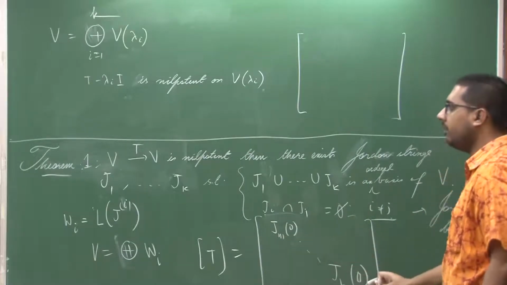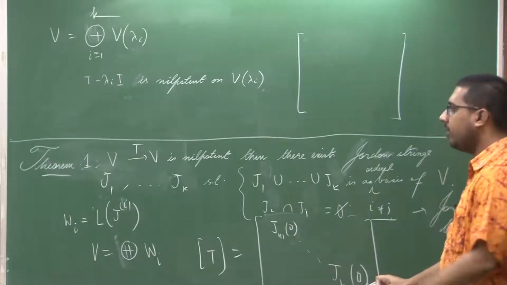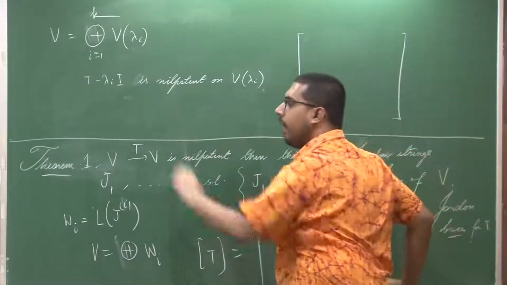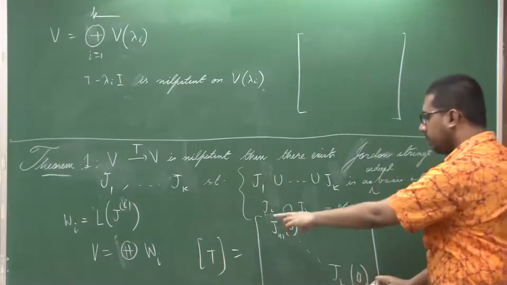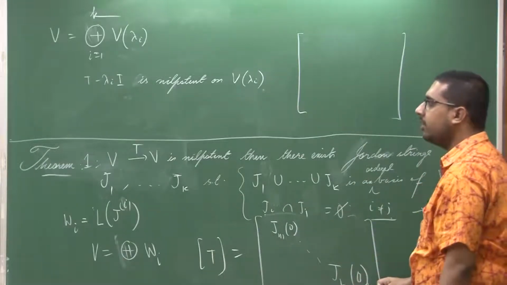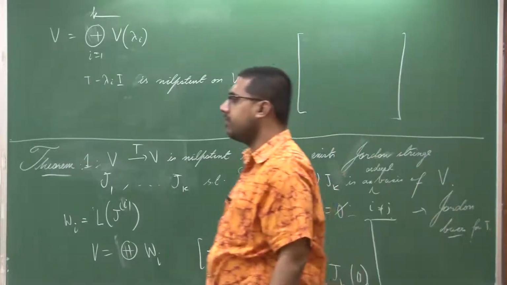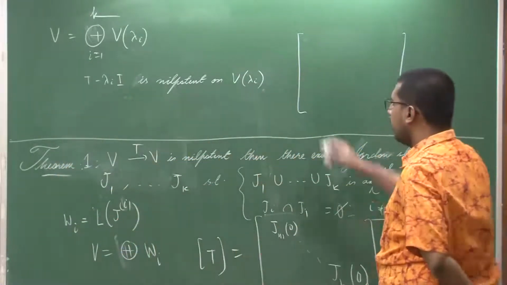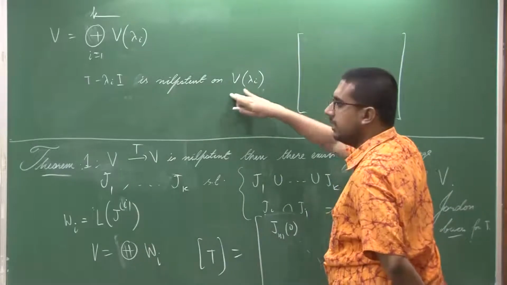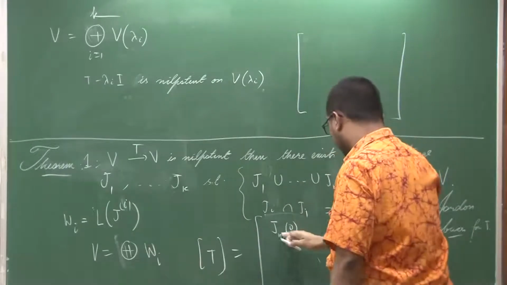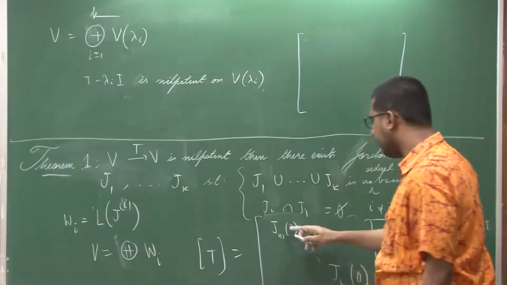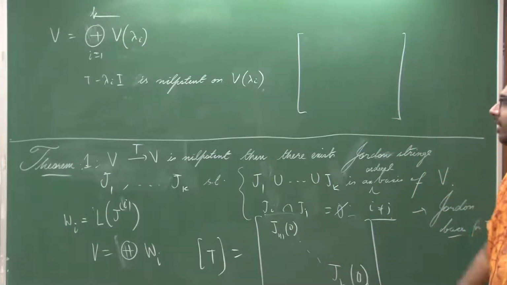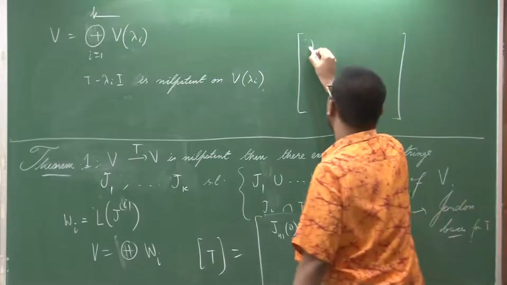Once we have this, that is the matrix for T minus lambda I, and with respect to the same Jordan basis, the matrix of T on this space will be the same thing, with Jordan blocks of the same sizes, but the eigenvalue will be lambda I instead.